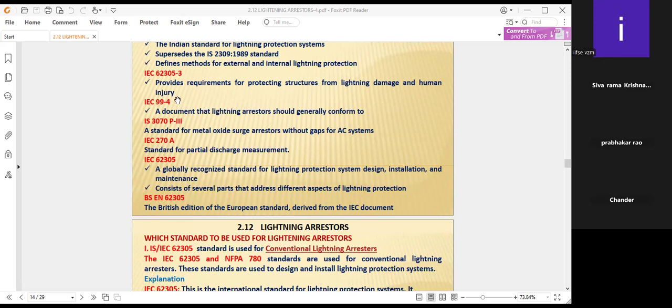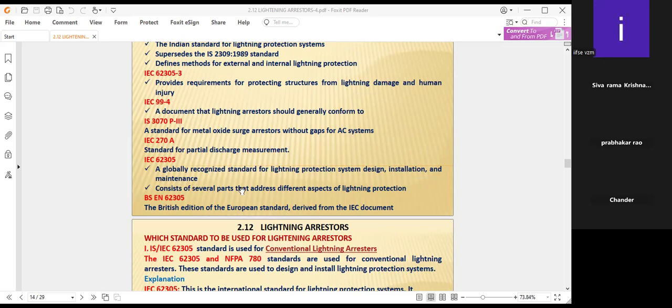The third version is only for damage and injury, whereas IEC 62305 is the globally recognized standard for lightning protection system design, installation, and maintenance. As per the organizations, we need only the installation and maintenance purpose. The design and all these things will be taken care of by the manufacturers only.